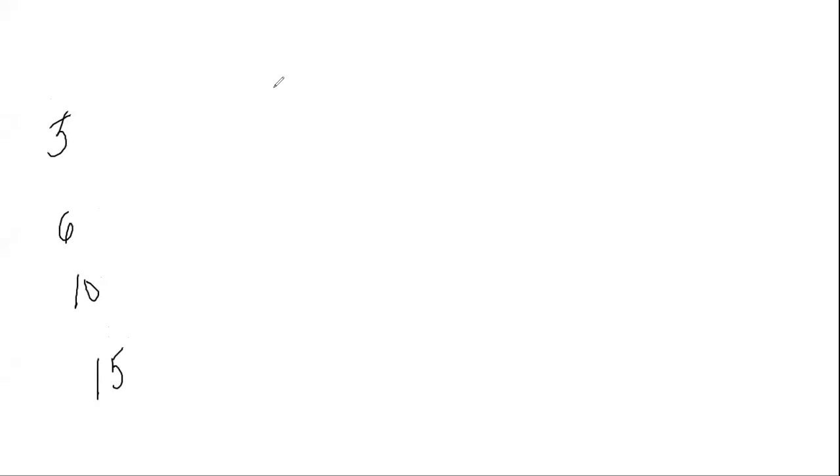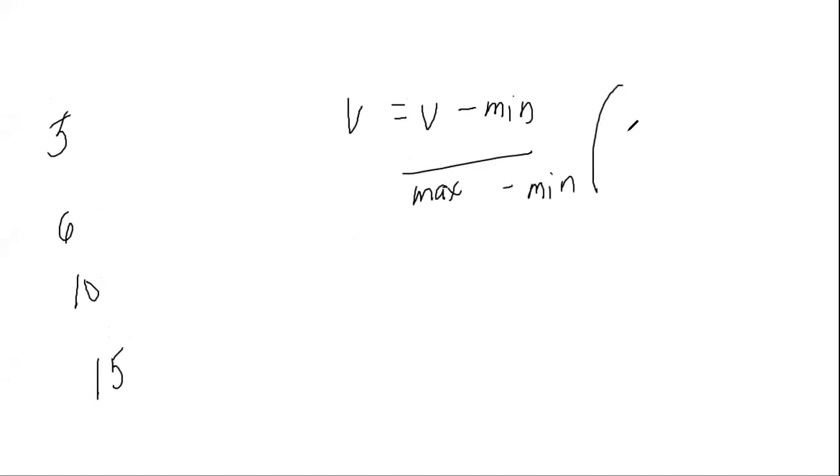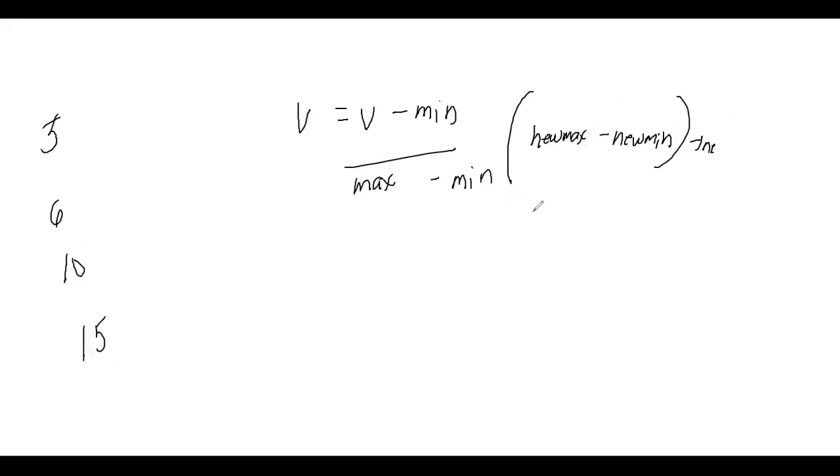In computing the min-max normalization, we have the formula: the new value is equal to the value minus the min, all over the max minus the min, and then multiplied by the new max minus new min, plus new min. The standard for the new max and new min will always be 1 minus 0 plus 0. Okay? And then we have here the value.